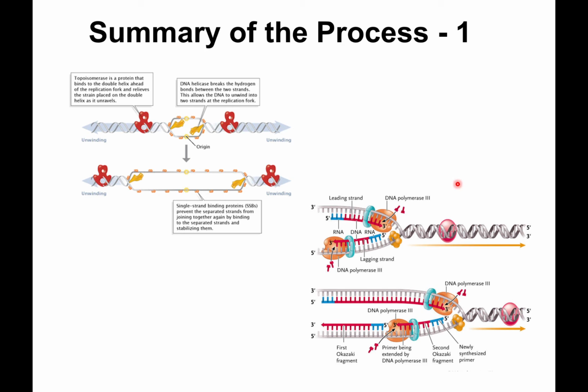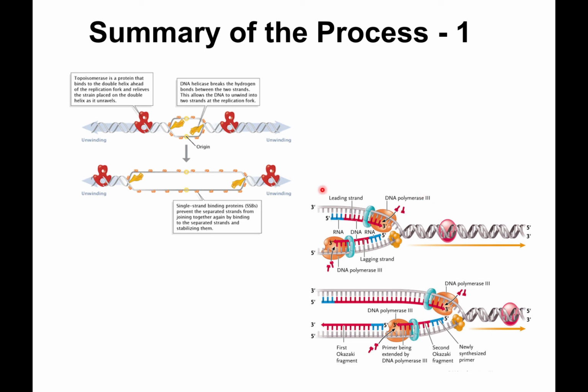But before DNA polymerase 3 starts forming the new DNA, you need the formation of some RNA primers, here in red, by these RNA polymerases called primase. Primase makes these RNA primers, and then DNA polymerase 3 can use the hydroxyl group at the 3' of this primer to start copying the remaining part of the DNA.